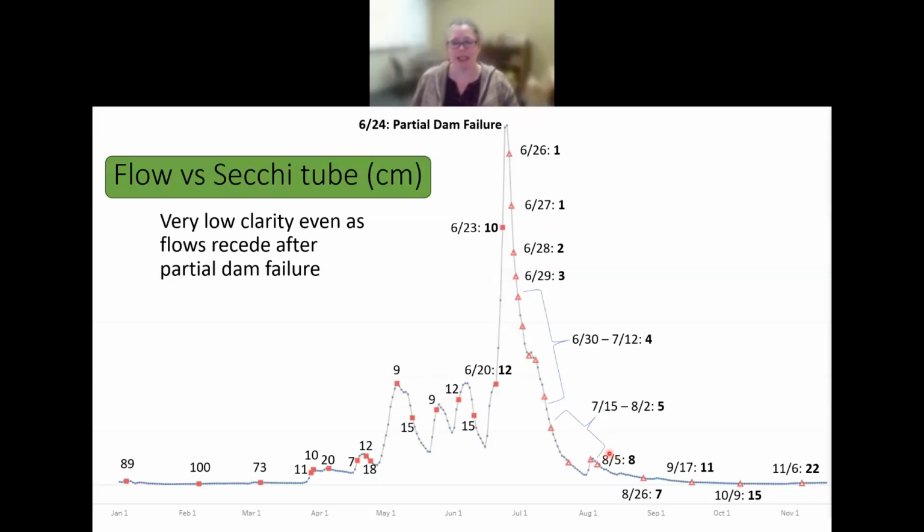So it's definitely abnormal for the stream here in early November to only be 22 centimeters. When we expect, I think last year it was 70 centimeters at this time, which is a little bit more normal for not having a storm event.